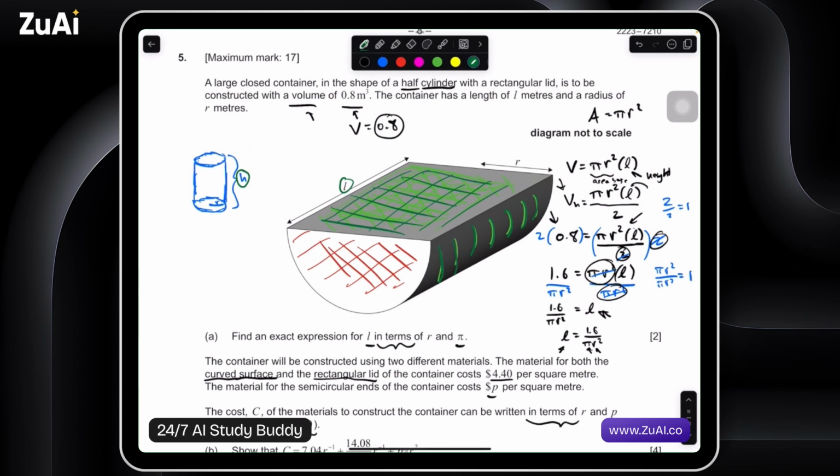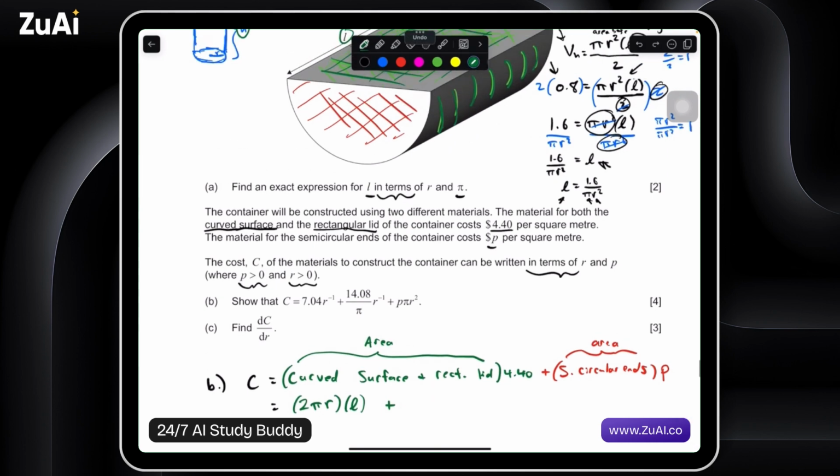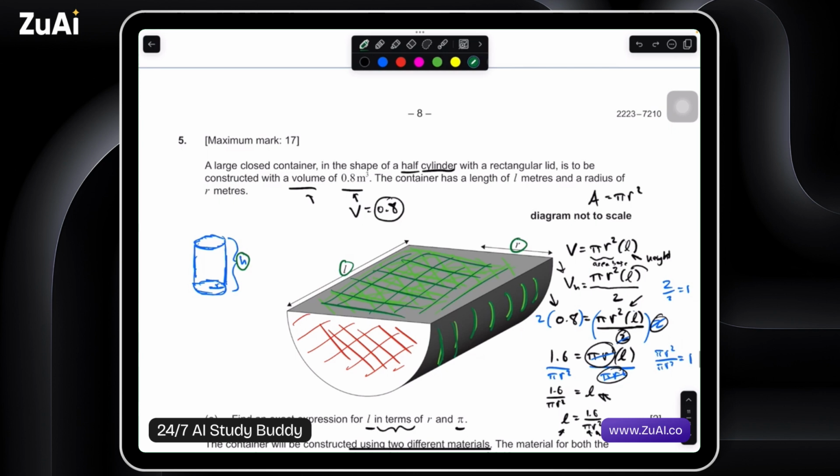The rectangular lid is just a rectangle, and it's r times L. So this is just r. Actually, one sec. It's not exactly just r times L. This is r, and this is r. So total distance we need to go is 2r.